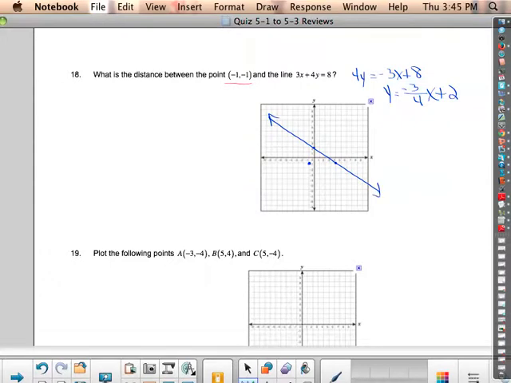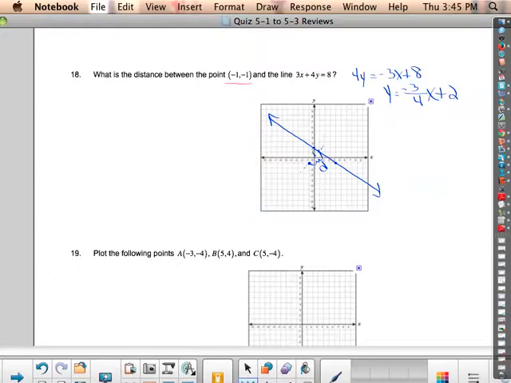Now I'm looking for the perpendicular distance from that line to that point. So the distance, I have to have a right angle here, is going to be that distance.